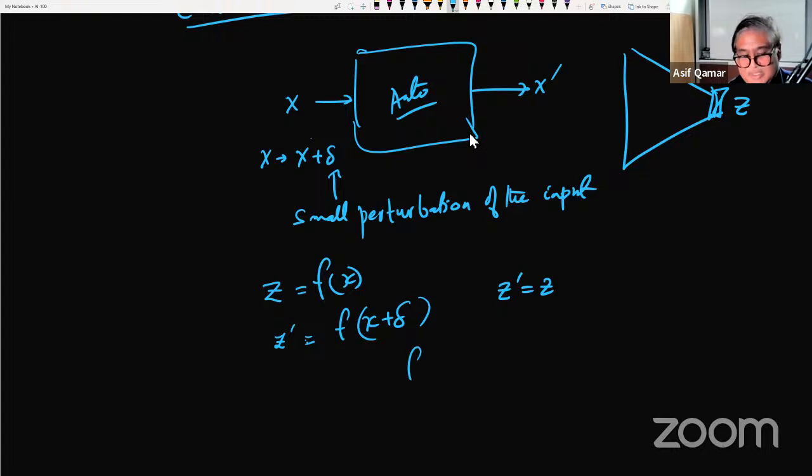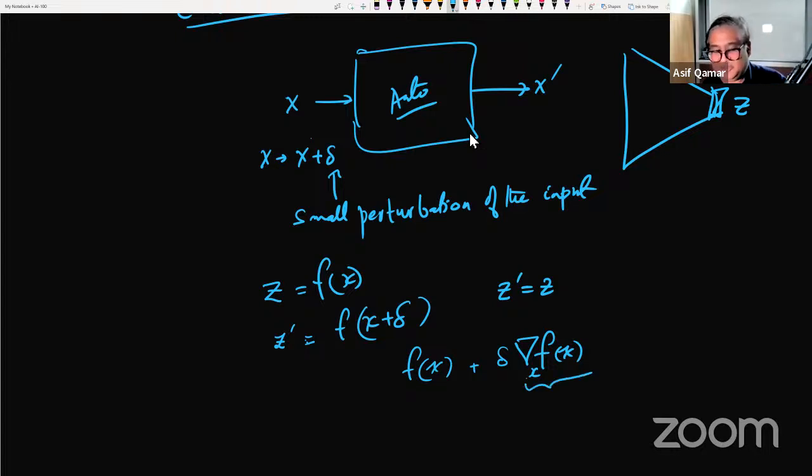So for this to happen, if the encoder is a function, you would agree that this has to do with the gradient of Z, basically the gradient of F of X with respect to X. So this must be 0, because if Z prime is equal to Z and Z is equal to F of X, what does it mean?